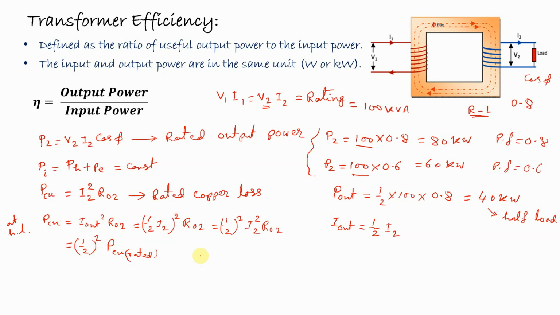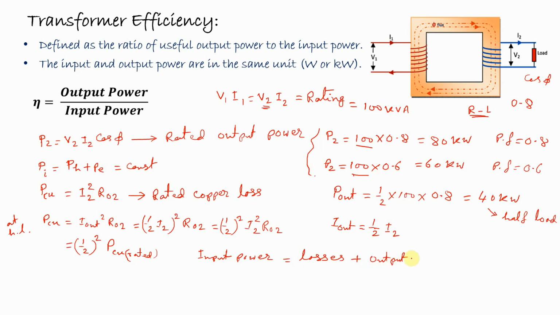Remember one thing, the general relation of the input power and the output power is this. We can supply input power to any system. Then some losses occur in the system and then we get some output power.